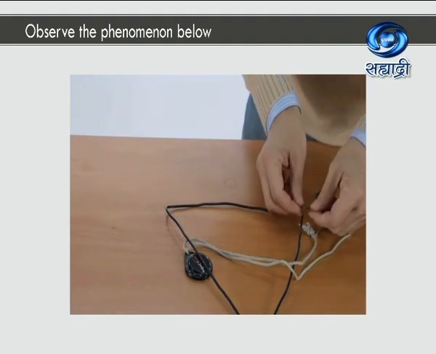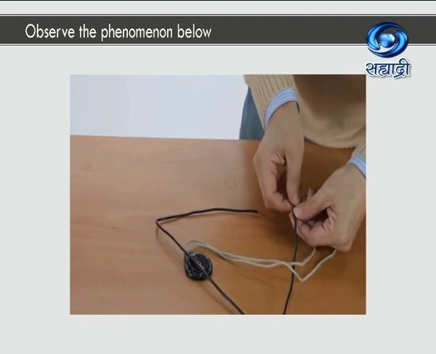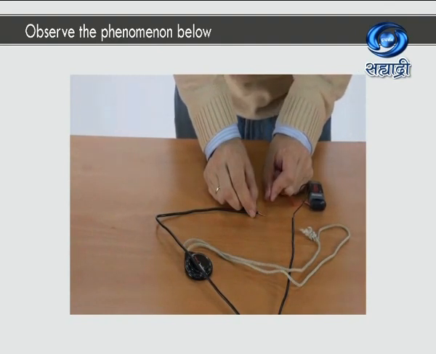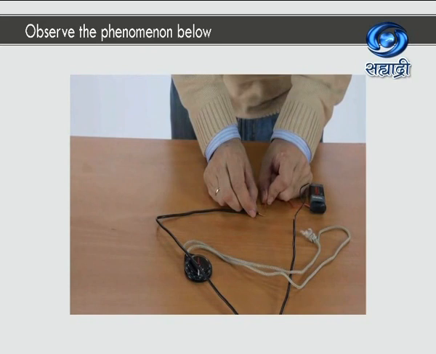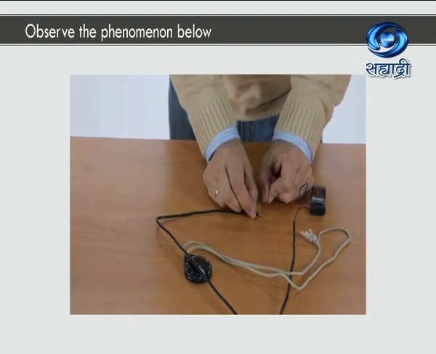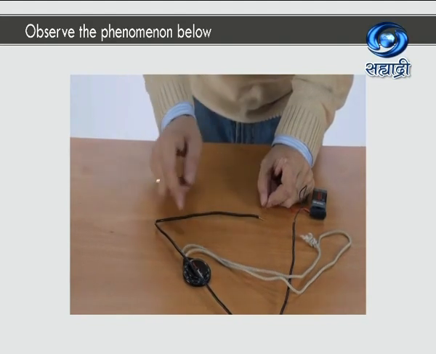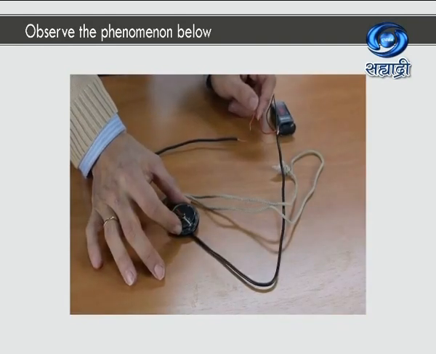We connect the battery's negative terminal to the left side of the wire, and the positive terminal to the right side. As soon as we connect the right side, we can see a deflection in the magnetic needle, which indicates that a magnetic field is produced around the current carrying wire. Remember, a magnetic compass deflects only if magnets are brought near it or when it is kept in an external magnetic field.